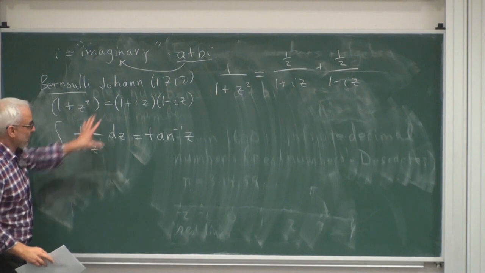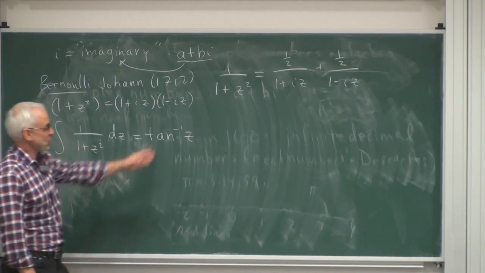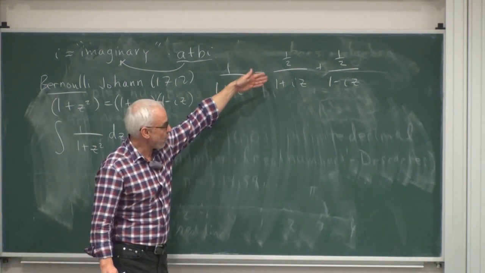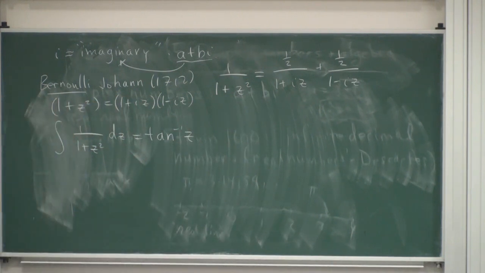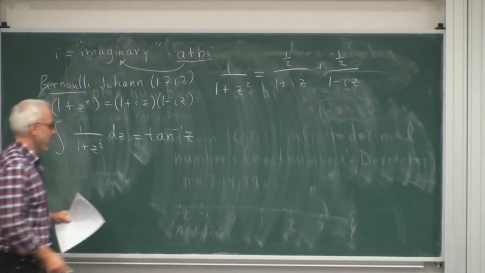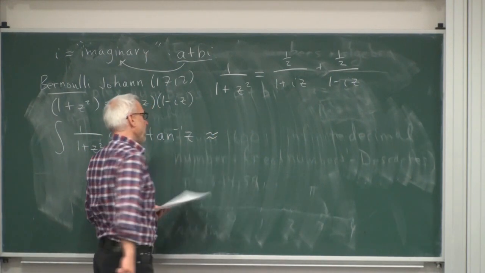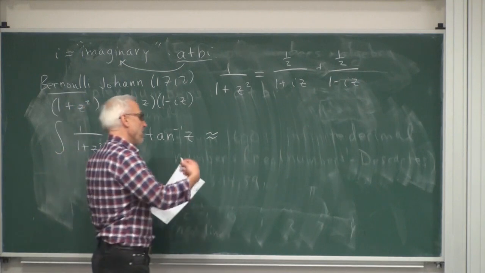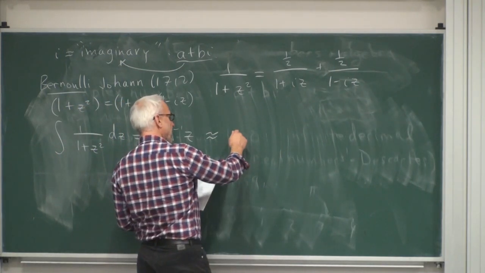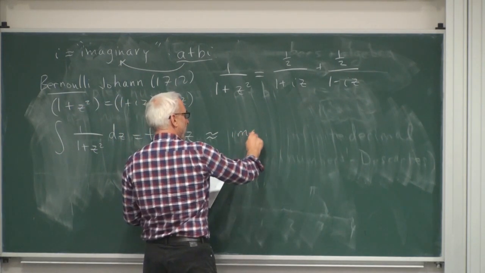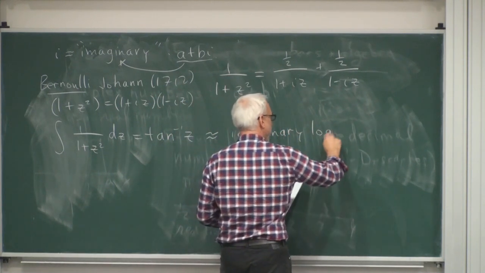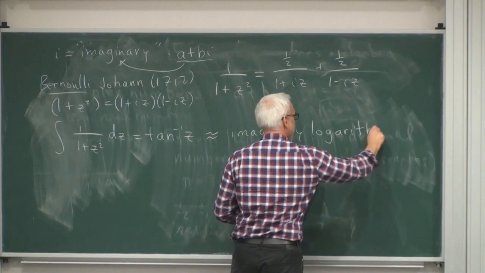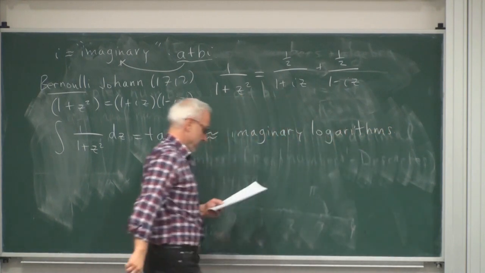Then, according to this formula, the integral of something like 1 over 1 plus iz was some kind of logarithm involving an imaginary number. So the arctan function, Bernoulli realized, is somehow connected with imaginary logarithms through this formula.